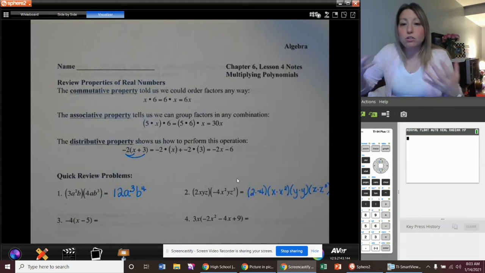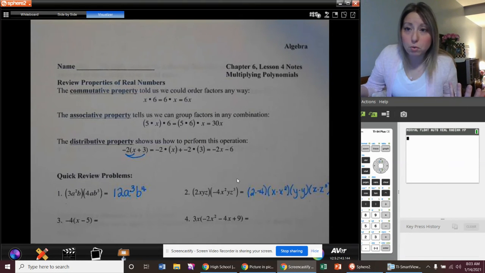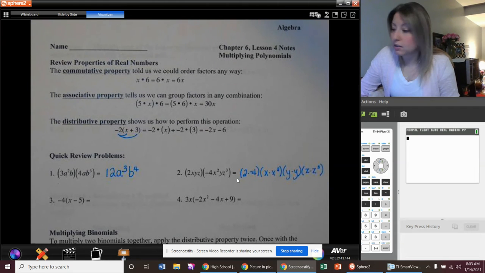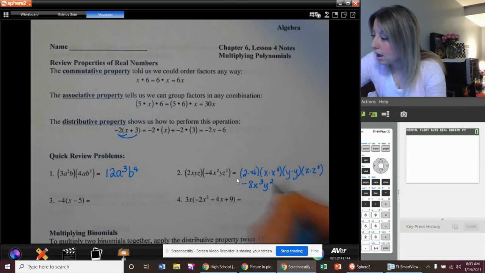If you don't need to, don't worry about it. You don't have to show that piece. So in my case, 2 times -4 is -8. X times x squared is x to the third. Y times y is y squared. And z times z cubed is z to the fourth.